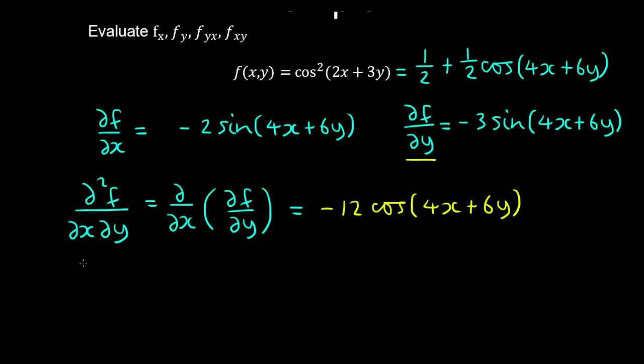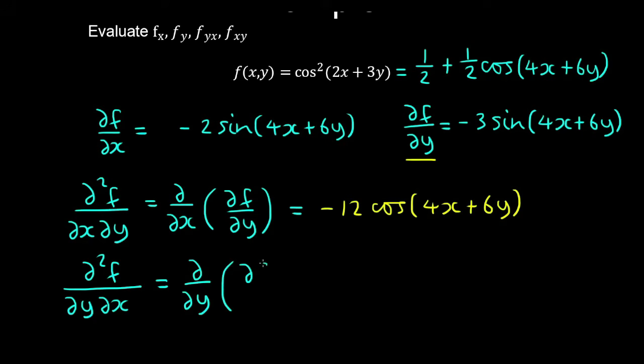And the second partial derivative of f, firstly with respect to x, and then with respect to y, is the partial with respect to y of the partial derivative of f with respect to x.